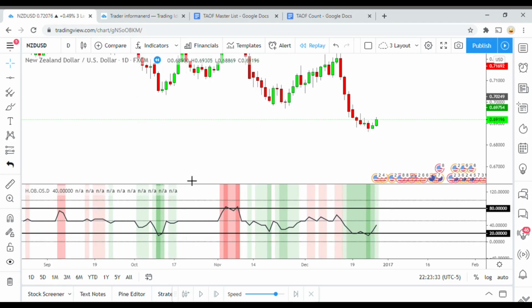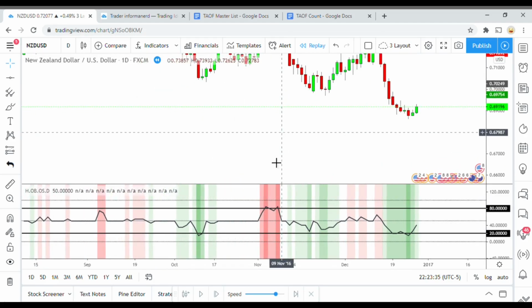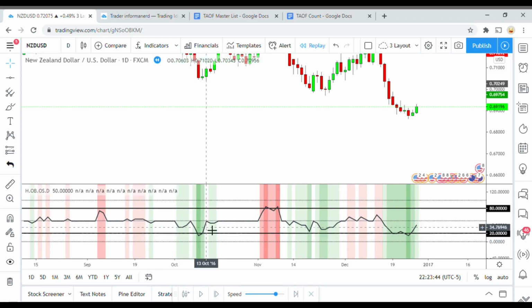And so the more indicators that are lining up together for an oversold position, the farther down this black line goes. And the more indicators that are all lining up for an overbought confluence of indicators, the higher this line goes.